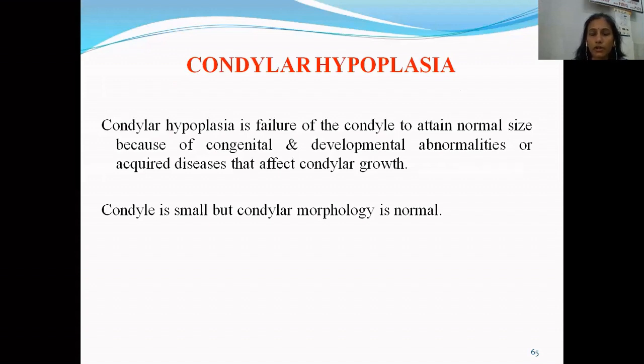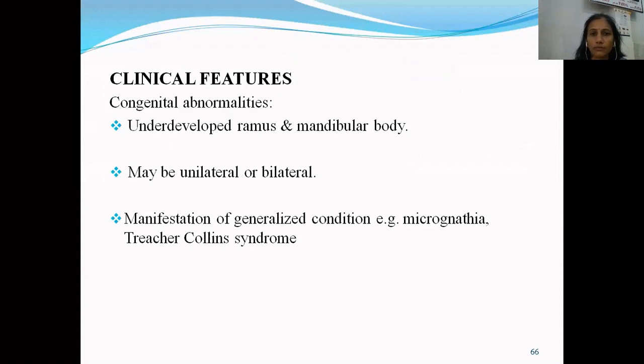It's a failure of the condyle to attain normal size. It can be because of congenital disturbances, developmental abnormalities, or acquired diseases that affect condylar growth. The condyle is usually smaller in size, but the morphology will be normal.